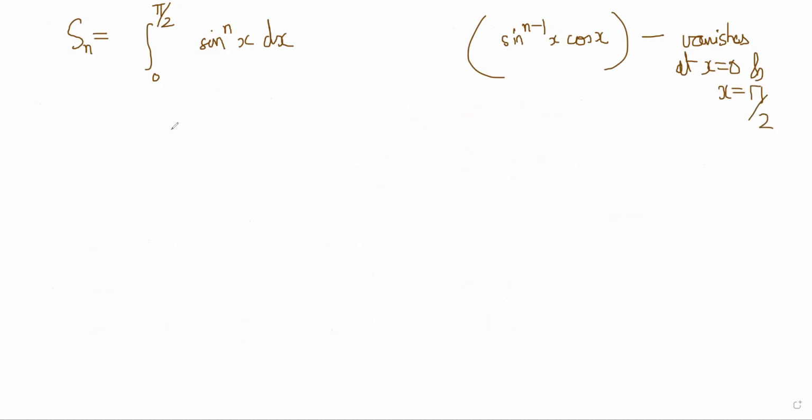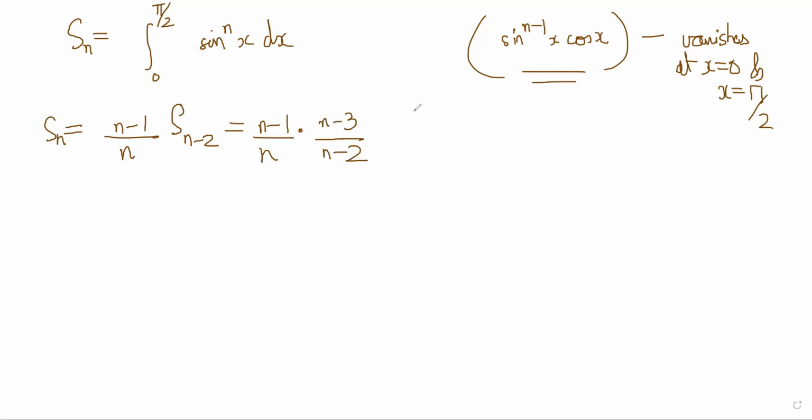Therefore, once you apply the definite integral, your Sn will simply be equal to (n minus 1) by n S of (n minus 2), because the second term in the formula that we just discovered in the previous screen is vanishing. So S of (n minus 2), and now we can write that as (n minus 1) by n, and instead of n, I'll put n minus 2, I'll get (n minus 3) by (n minus 2), which is S of (n minus 4).